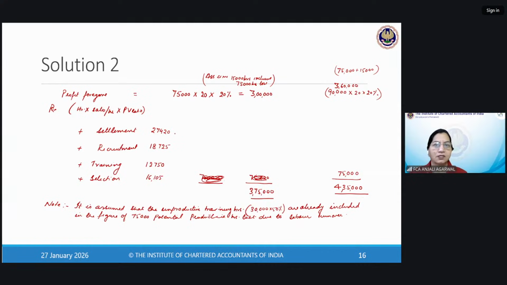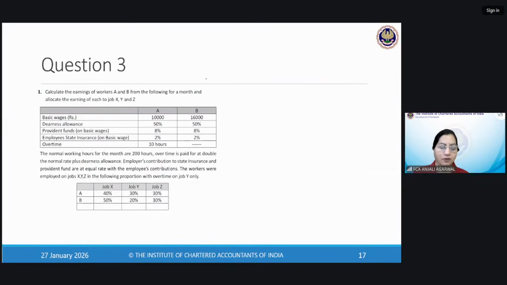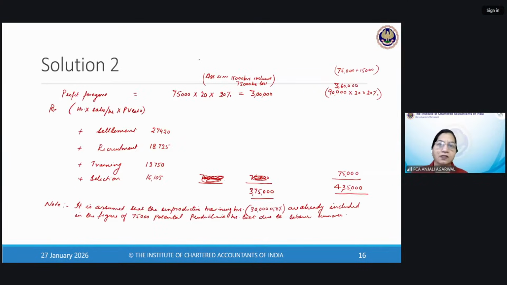So all these costs are definitely there. Apart from this, what is happening is that either 75,000 or 90,000 hours are lost.